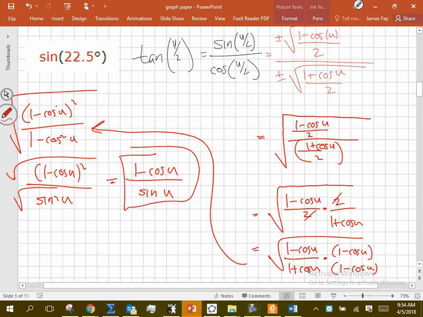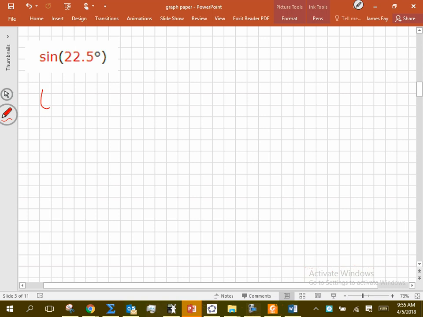So that is one version of the tangent half angle, and we have other versions. Okay? Which is nice because there are no radicals there, right? Okay. So if I want to find the tangent of 15 degrees, it is 1 minus cosine of u over sine of u.